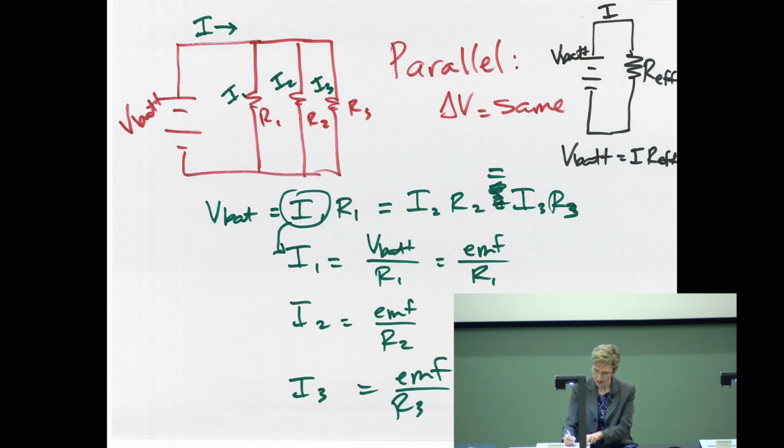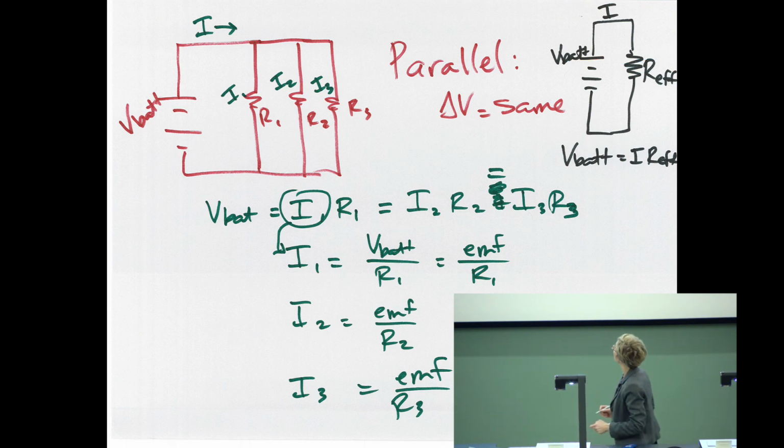So I know that if I look at any of the particular loops, the voltage of the battery must be equal to the voltage drop across this guy, the I1 R1. And that has to be equal as well to the I2 R2 and the I3 R3.